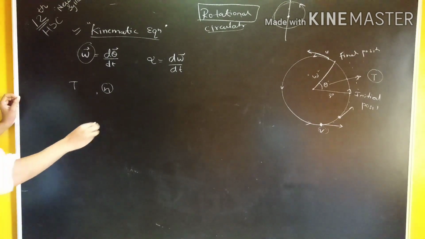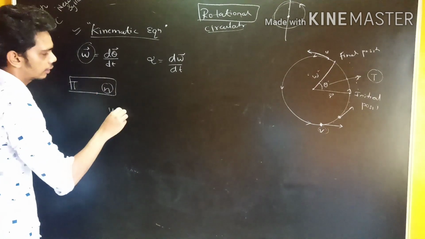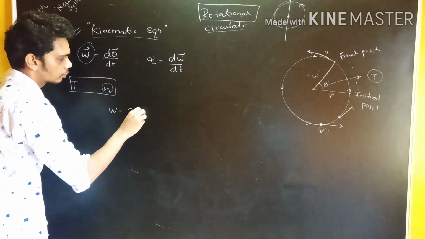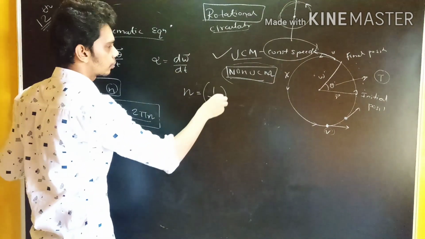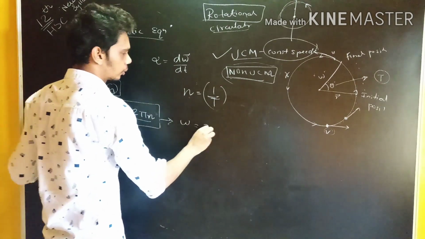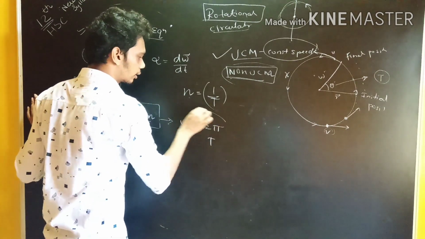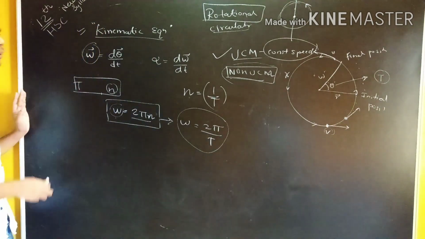Now when you talk about omega, according to the time period and the frequency, it will act as 2 pi n. As we know, frequency is nothing but the reciprocal of the time period. So we can rewrite it as omega equals 2 pi by T. This is also a formula we can use for our problem solving.